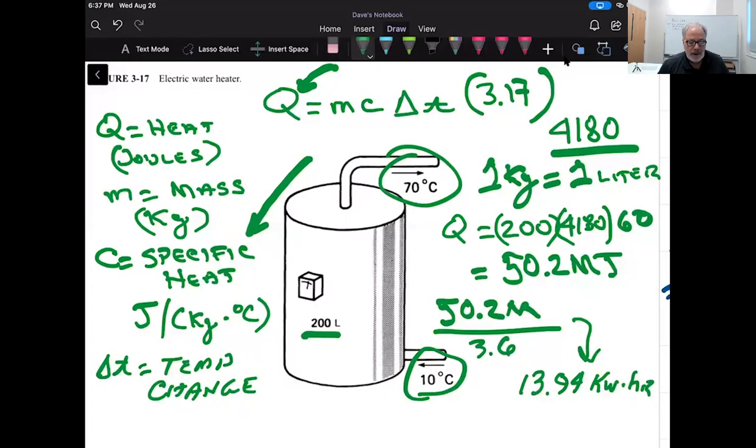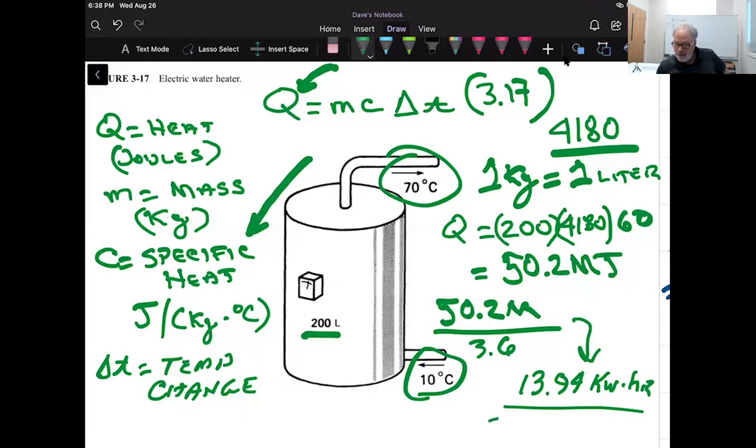So maybe you're saying, so what's the big deal about that? Well, maybe you remember from 131 that we measure electrical energy in terms of the amount of power used over time, right? Generally when we talk about electricity, it's measured in kilowatt hours.